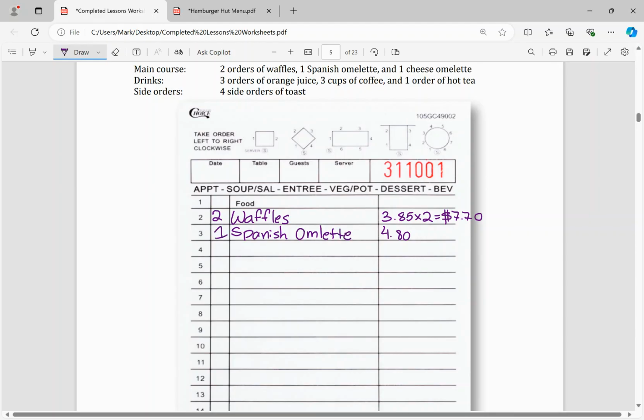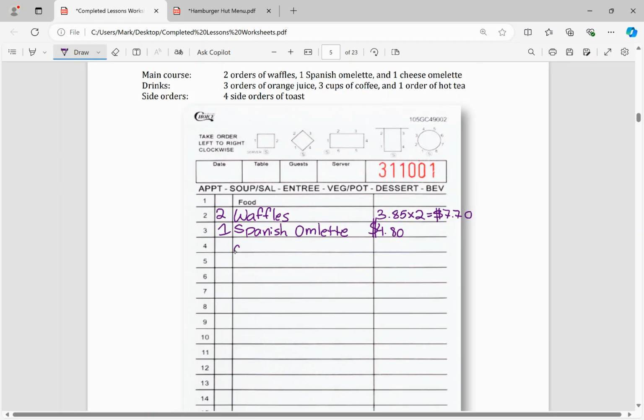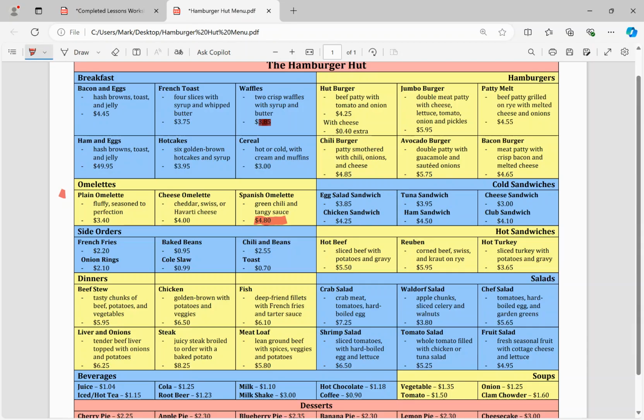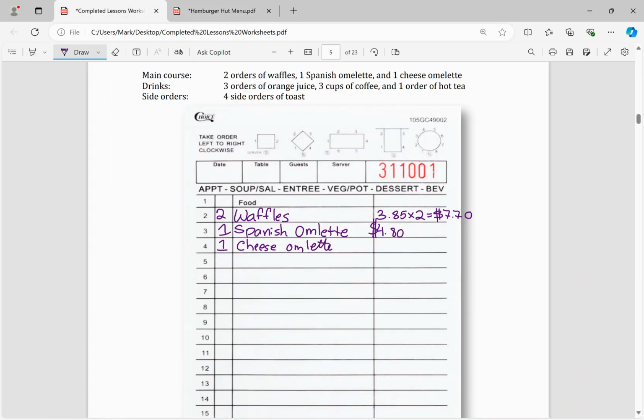And we only need 1 of them. Next, we have a cheese omelet. And again, we only want 1 of those. So we're going to look up a cheese omelet, which is $4. And we can move on to our drinks.